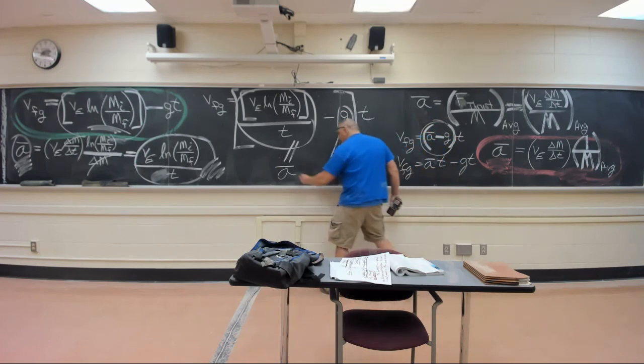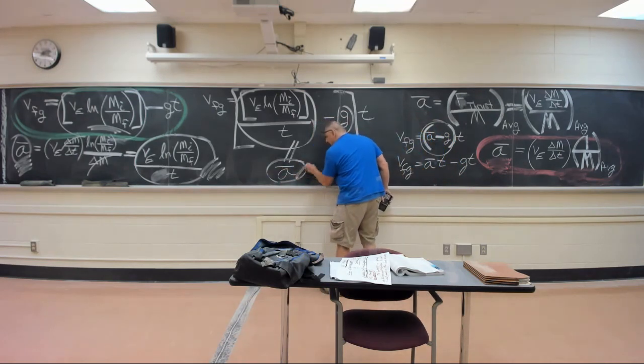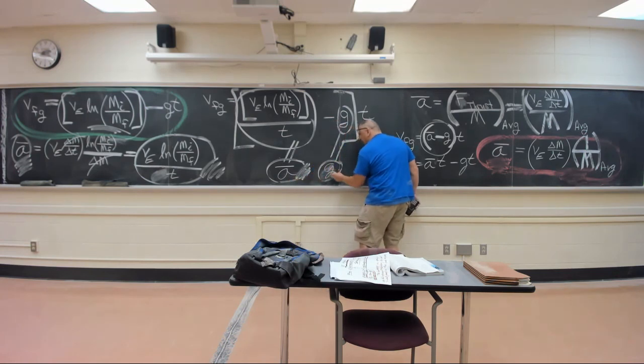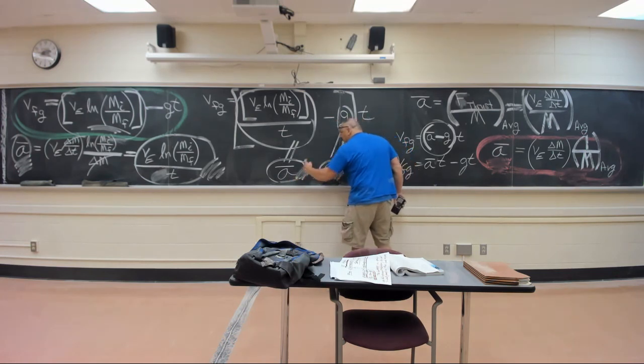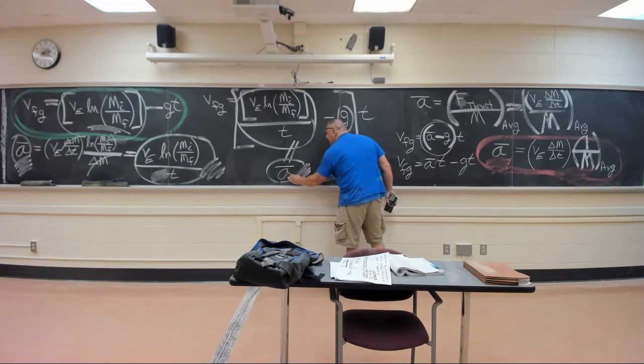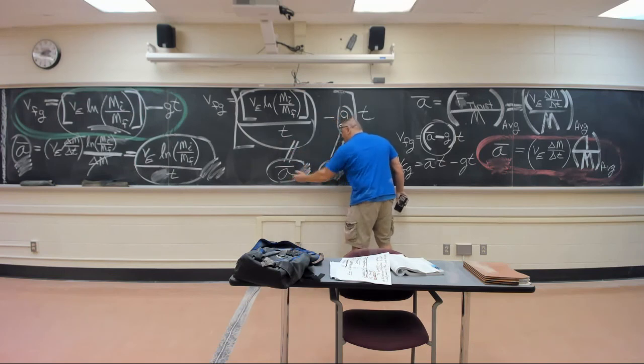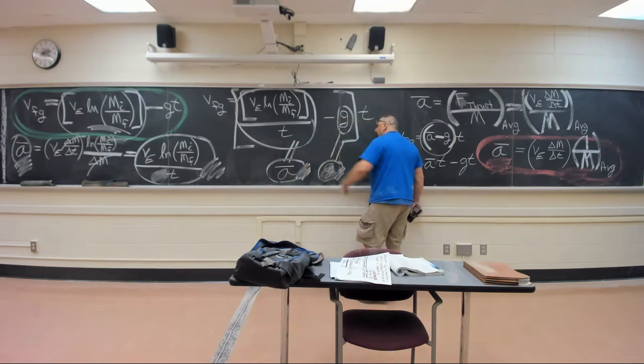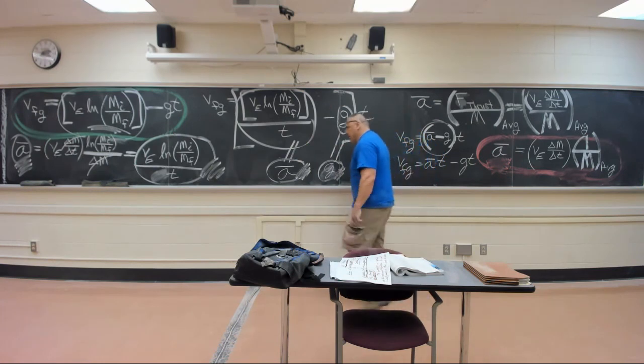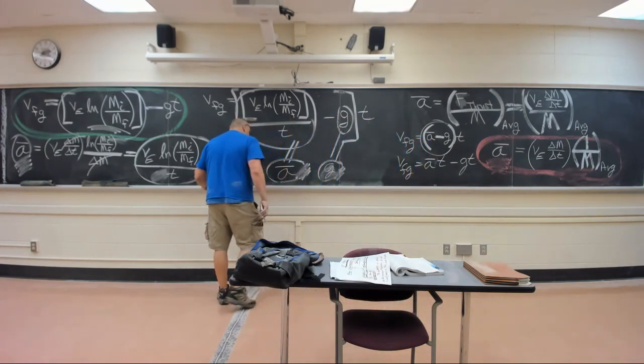So this guy is average acceleration without gravity present, and this is acceleration of gravity. Average acceleration without gravity is this. It's going to be 43.33. Average acceleration with gravity, subtract the 9.8, it's going to be 33.53. Those are the claims we're making.